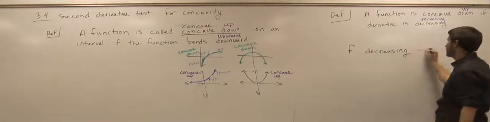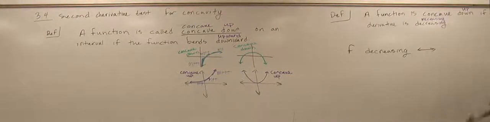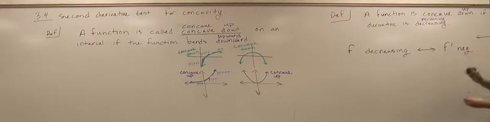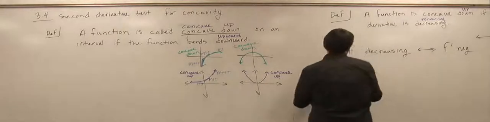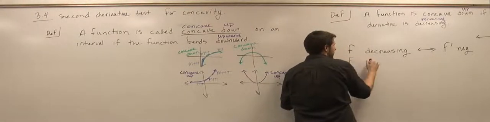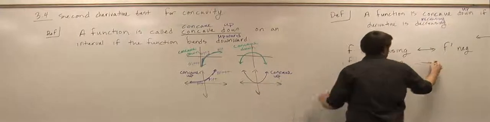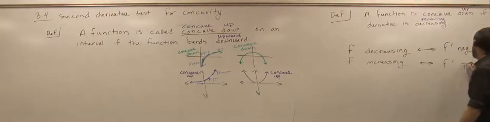This is from 3.3. Right, when we did our little first derivative test, when did we draw an arrow going down? When the derivative is negative, right? So a function is decreasing when the derivative is negative. And the function is increasing when the derivative is positive. So f prime positive.